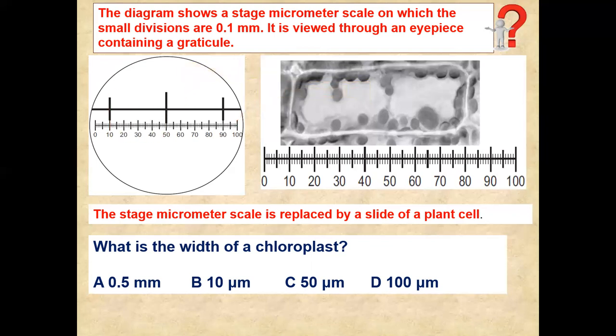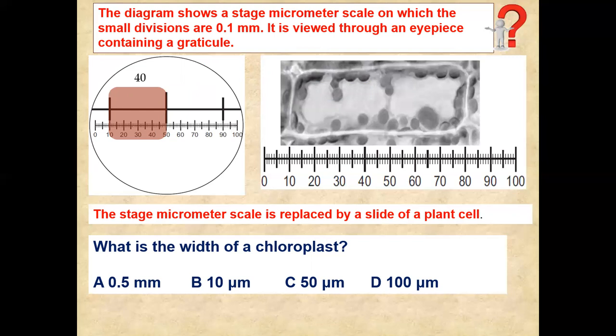So this is my one stage micrometer unit, and we shall see how many units of eyepiece reticule are coming under it. That consists of 10, 20, 30, 40, and 50. So a total of 40 units are under the stage micrometer. Meaning, one stage micrometer unit contains 40 units of the eyepiece reticule.